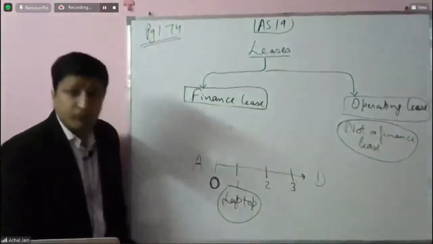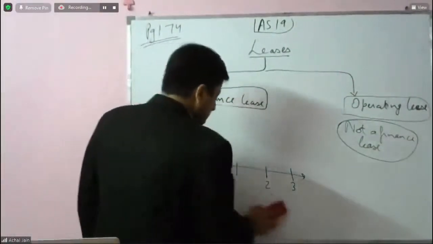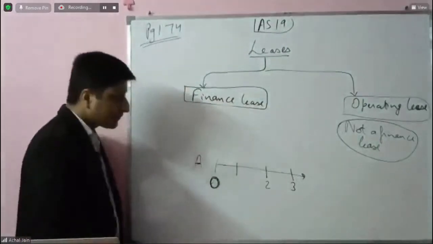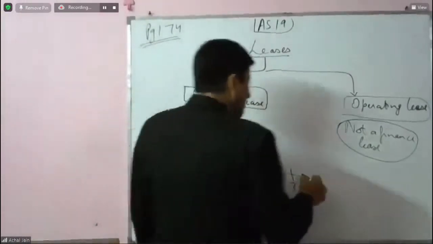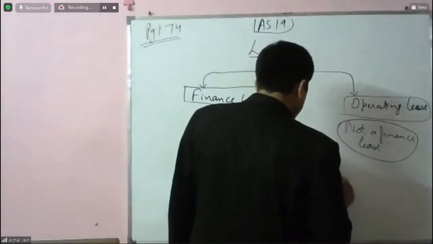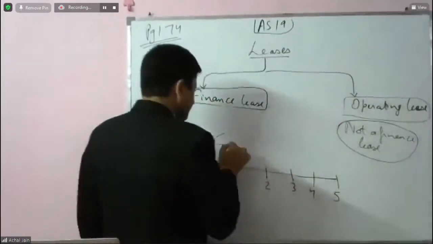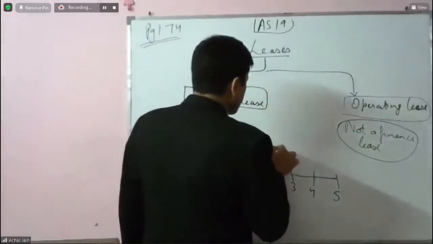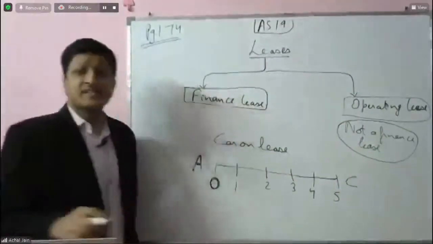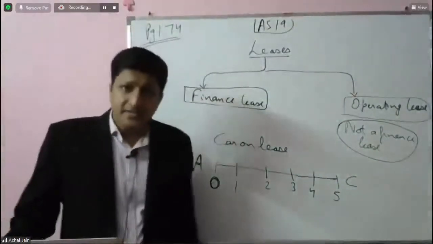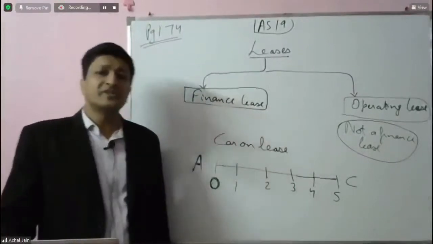So let us just take one more example. Say A has given a car on lease to C for a period of 2 years.